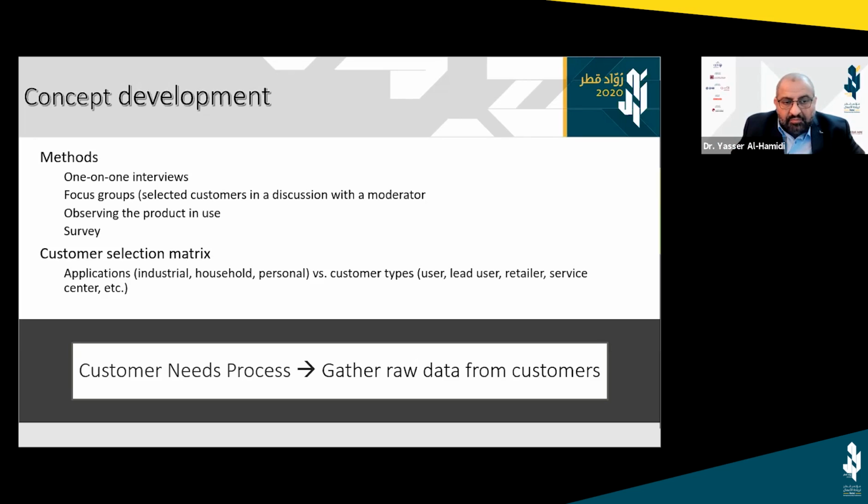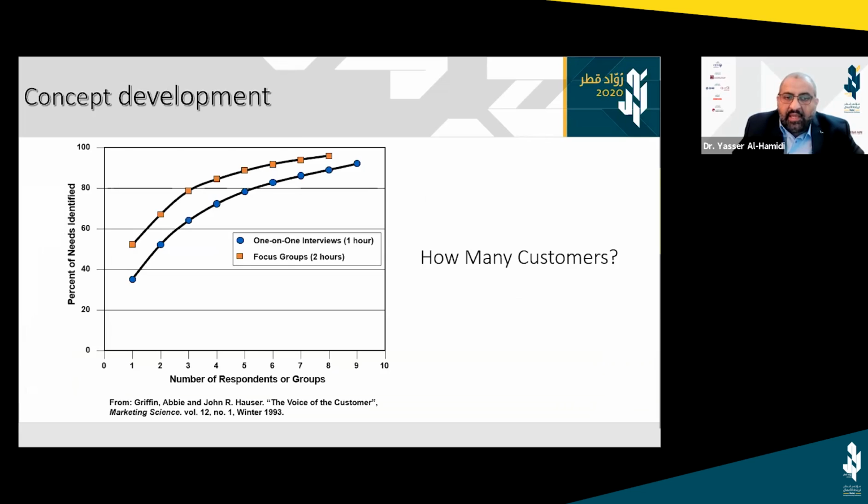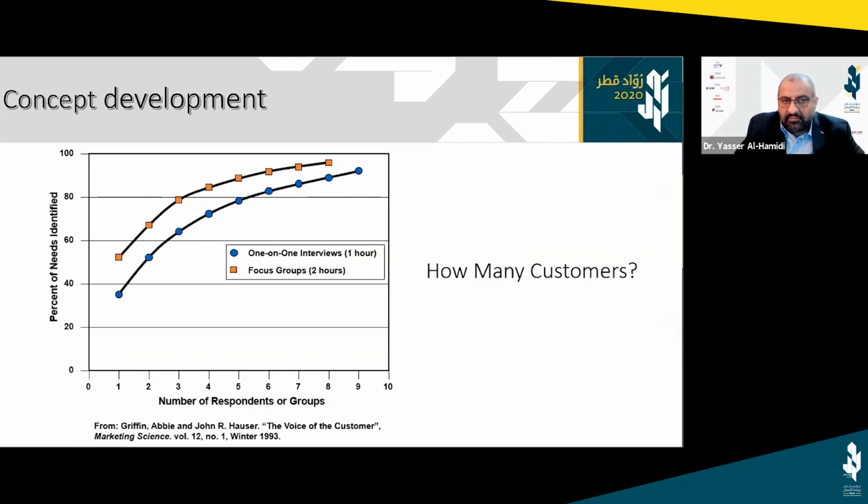Some practitioners rely on surveys. And there is a lot of debate about surveys and how effective surveys really are to collect or to reveal some customer need information. Interesting study I wanted also to show to you, because it's very important. We have two ways.